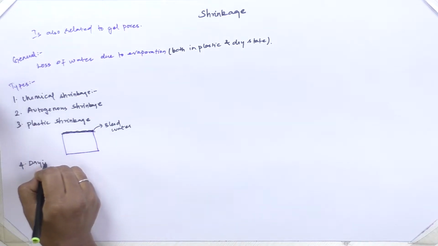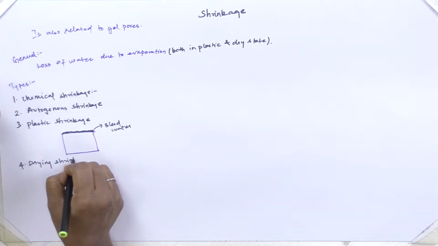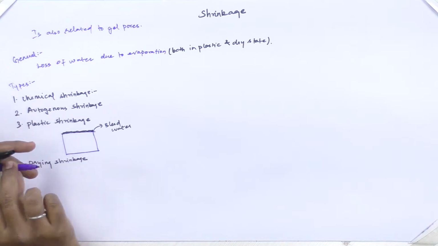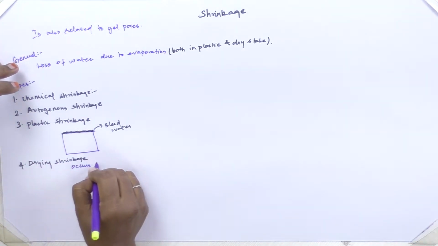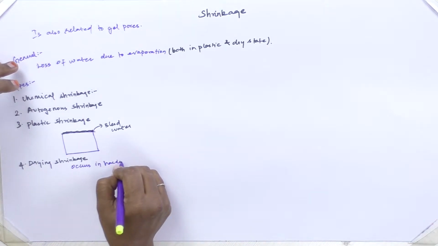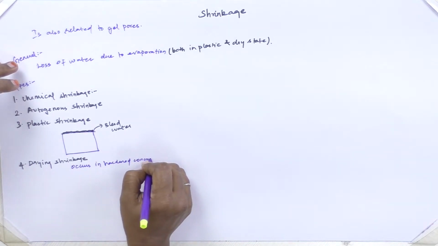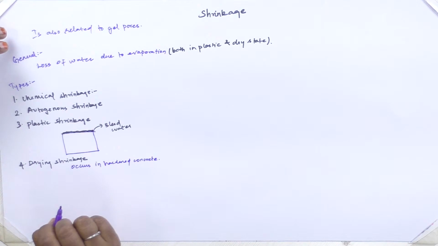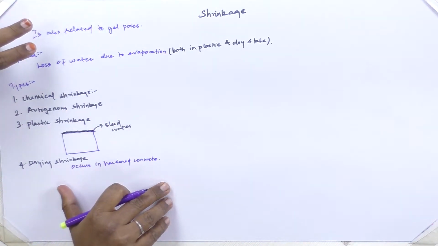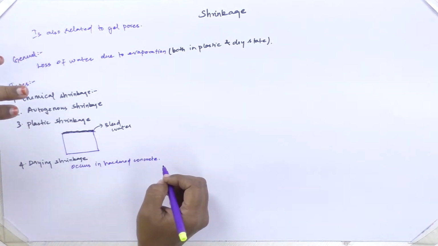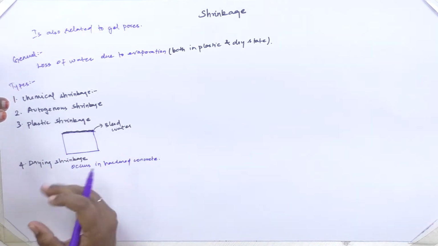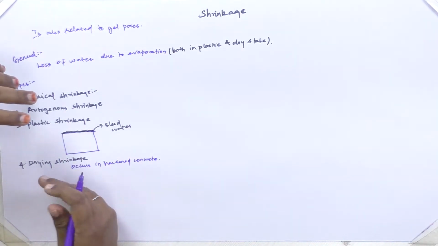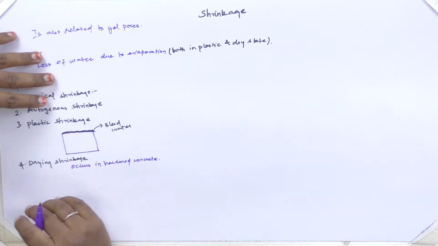Fourth one is drying shrinkage. It occurs in hardened concrete. This drying shrinkage occurs because of the movement of the gel water from the pores.